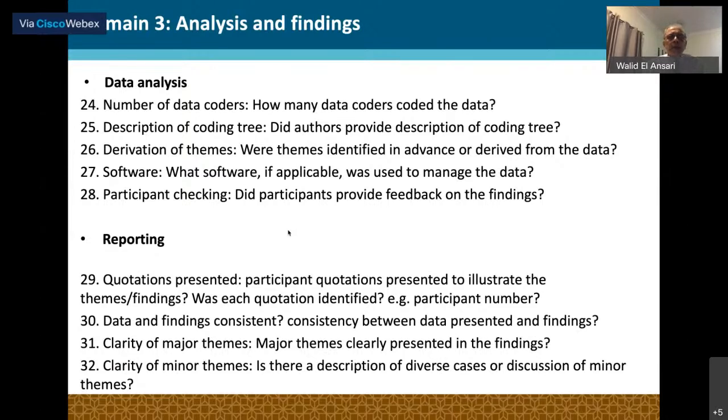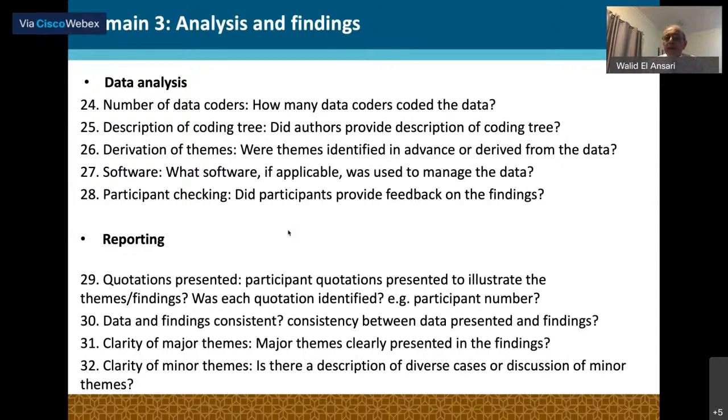It's part of the beauty of qualitative research that you hear voices, and you can read the voices verbatim of the participants, untouched, as they were said in the focus group or the interview. So I would ask myself, have these investigators actually presented some of the quotations for the reader to get a first-hand feel of what these interviewees actually said?